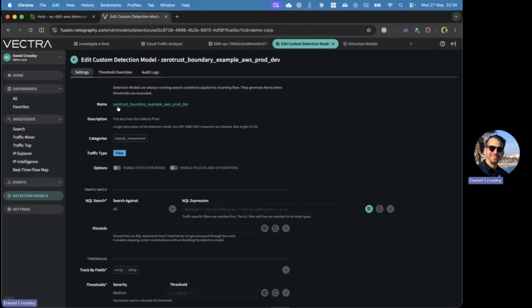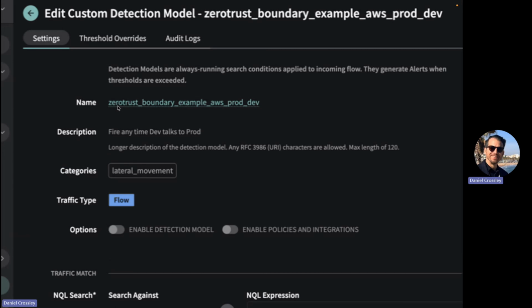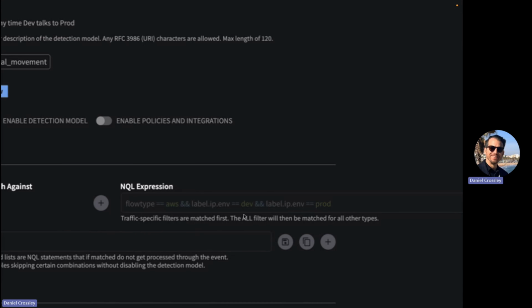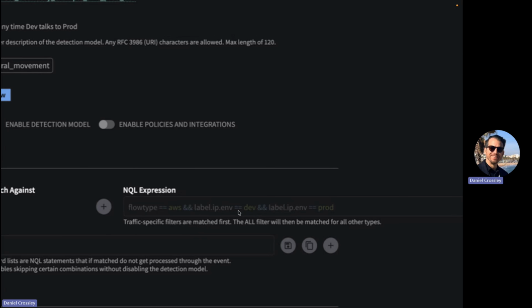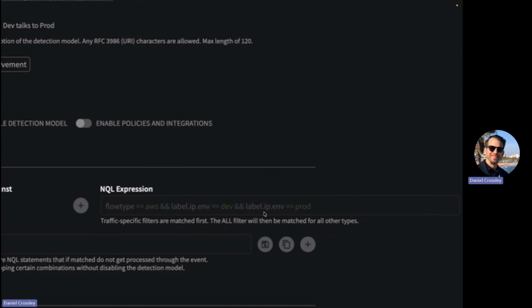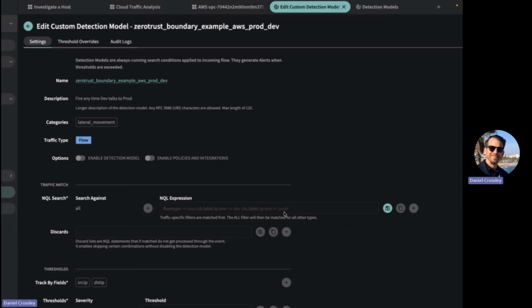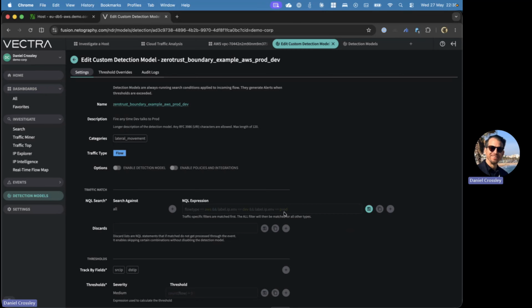So we've got a detection model here, zero trust boundary violation within AWS from prod to dev, and it is as simple as defining an NQL expression, which looks like this. We've got flow traffic where the label is dev, and any flow traffic where the label is also prod. So that's to or from the prod or dev environments, any kind of flow data within my AWS environment, create an alert for that, and then that can be something that is actionable and reactive for the SOC to deal with.